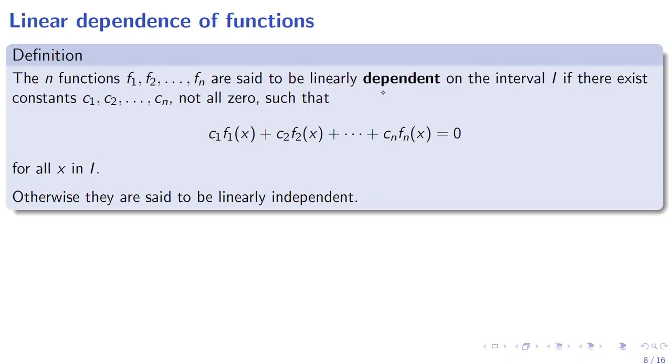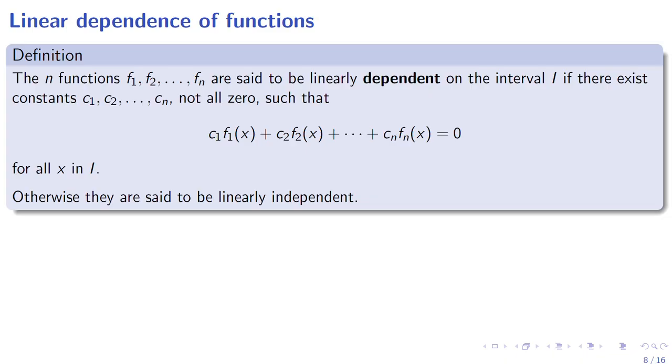We say they are linearly dependent on the interval I if there exist some constants c1, c2, cn, not all zeros, such that the linear combination of these f's with these c's is equal to 0. Otherwise, we call them linearly independent.